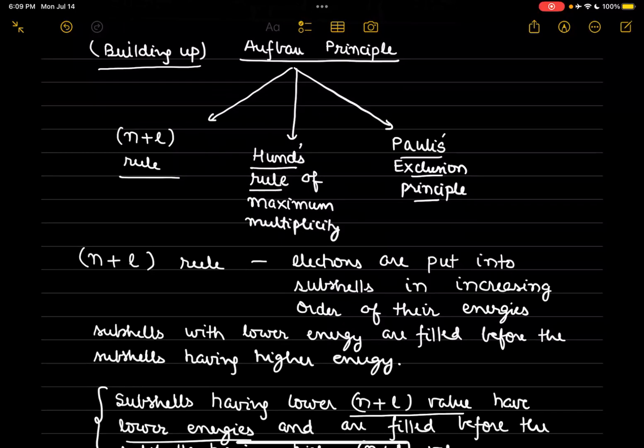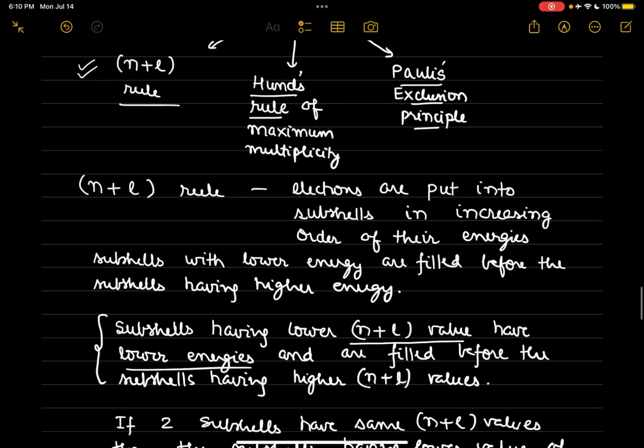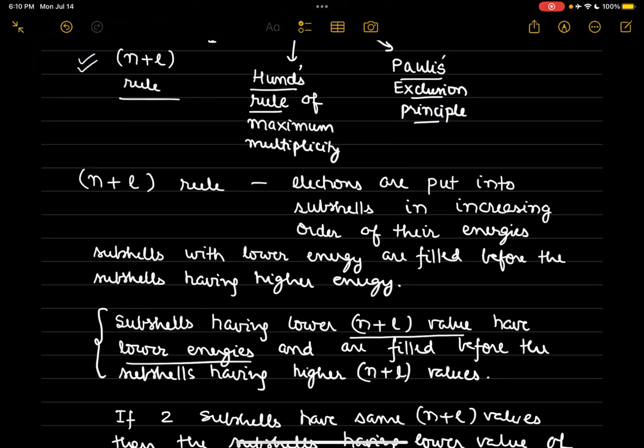The first and the foremost is the N plus L rule. Orbitals and subshells are filled in increasing order of their energies. And how do you determine the energy?